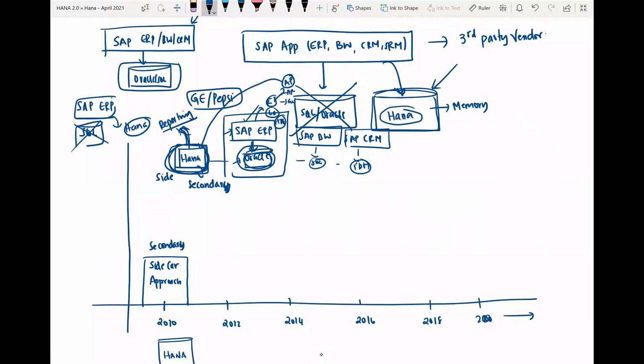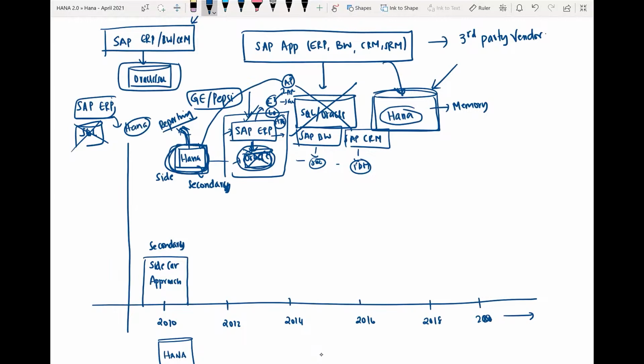To show its worth, it started off using a sidecar approach. Once the sidecar approach became popular, the organizations started realizing the worth of SAP HANA, but they were still hesitant because there were not many organizations which had said, I am now so comfortable with HANA, go ahead and replace my ERP system. ERP is the crux of your organization, right?